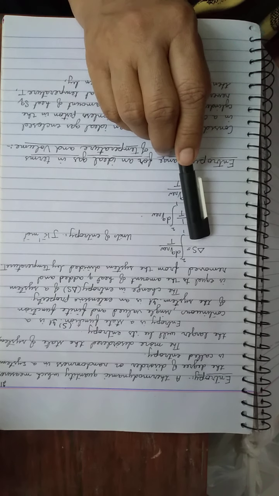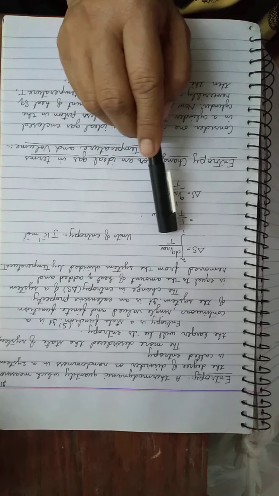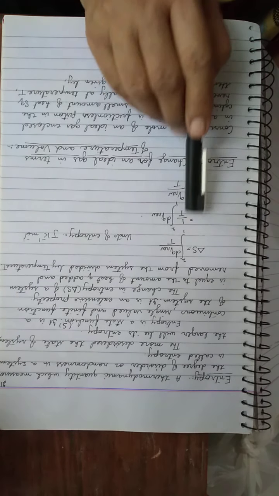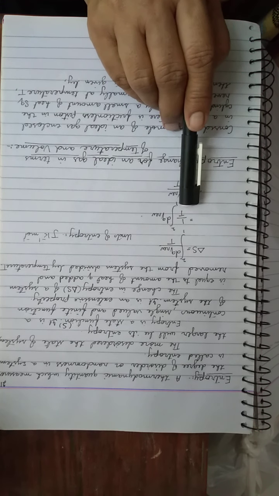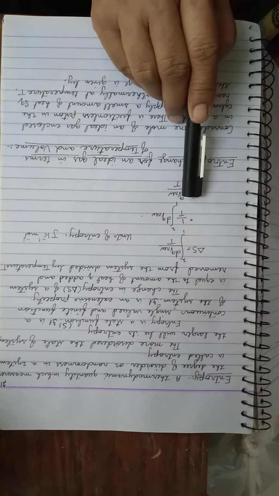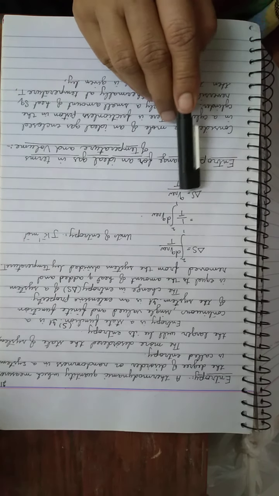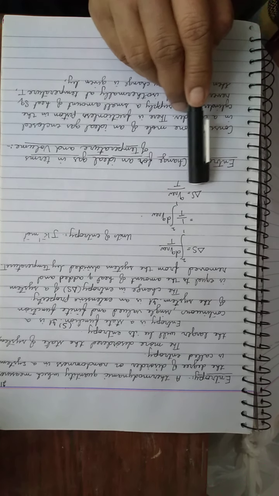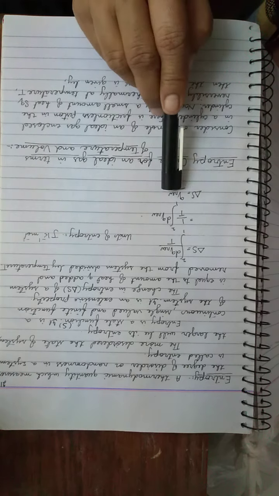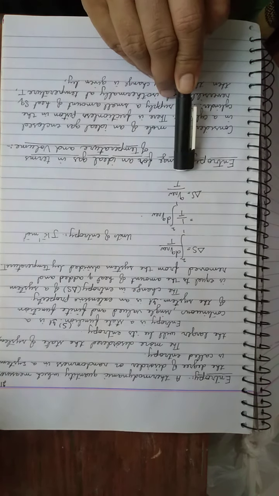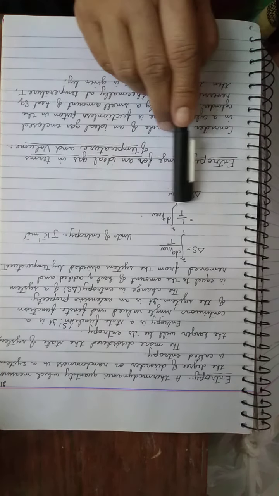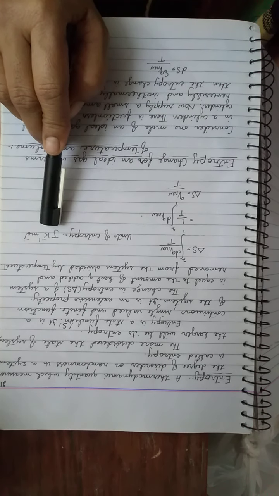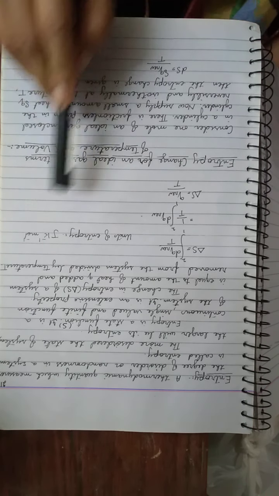Delta S is equal to dQ reversible by T, is equal to 1 by T. T is constant, so we will integrate this between two limits, dQ reversible, and delta S is equal to Q reversible by T. This is the equation of entropy. The units of entropy are joule per Kelvin per mole.